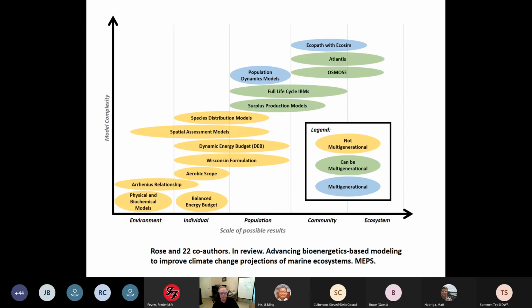Species distribution models begin to move towards population, community, and ecosystem models like EwE, Ecosim, and Atlantis. Where we are is right in that green area in the middle of the screen, called full life cycle IBMs, on the left of that oval where it hits population. So we're not on the most complicated part, but it's pretty complicated for a population dynamics model.